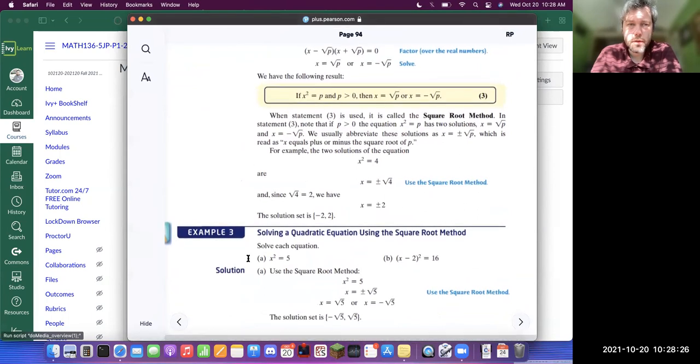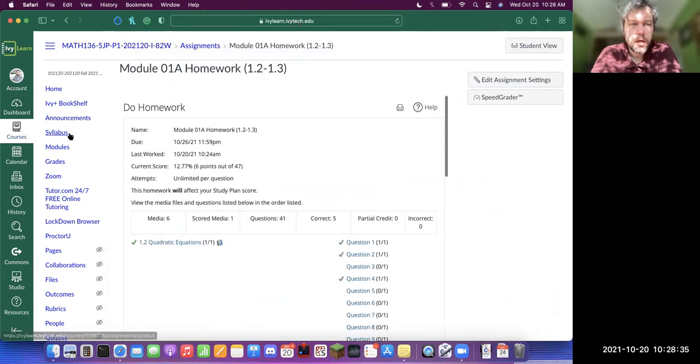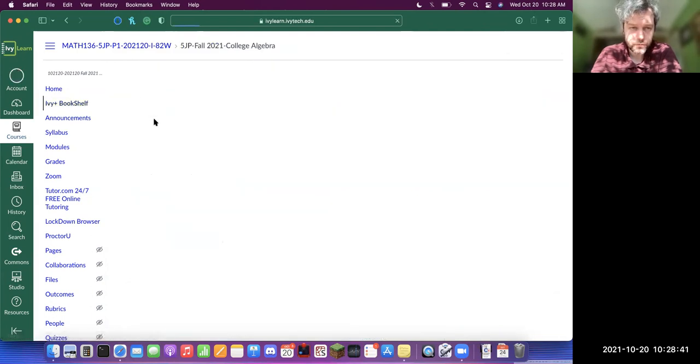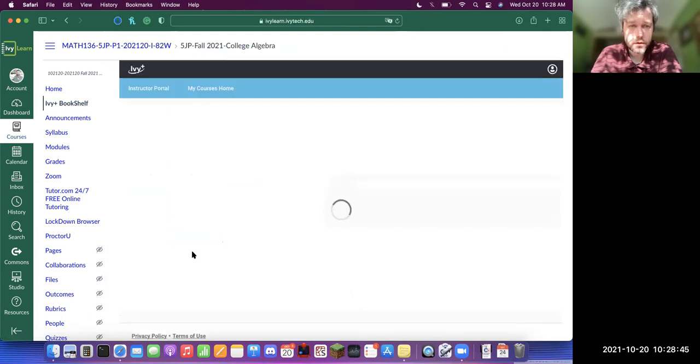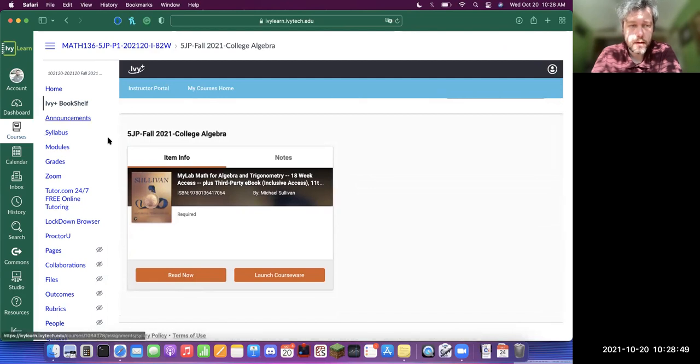You should also be able to go to Ivy Plus. Oh wait, did I share my screen correctly? I think so. So you should be able to go to Ivy Plus as a student and view the textbook. I'm not 100% sure what that looks like from your point of view, but you should be able to go to Ivy Plus bookshelf and then read now.